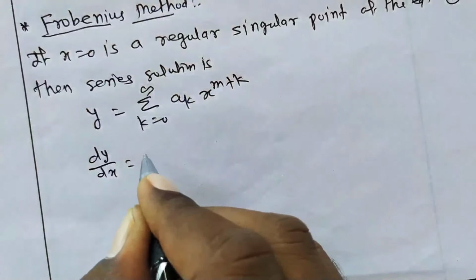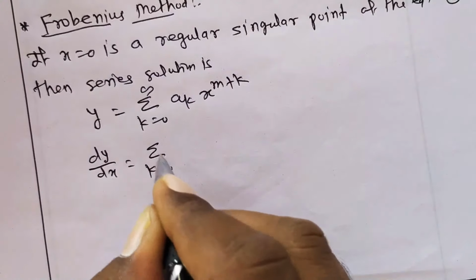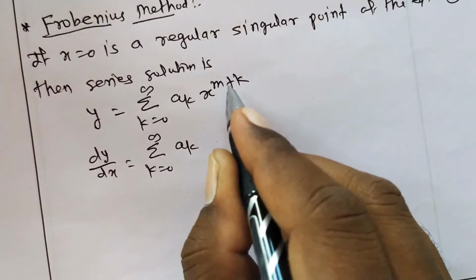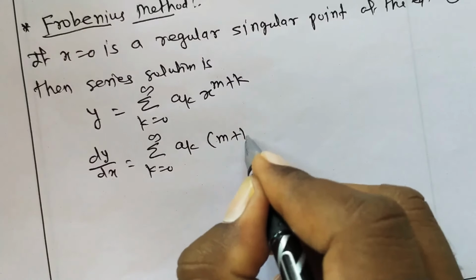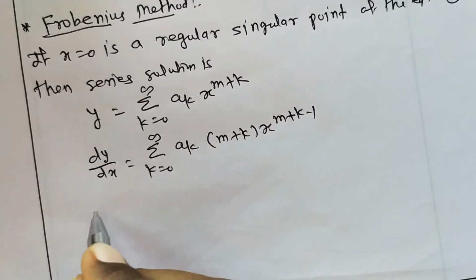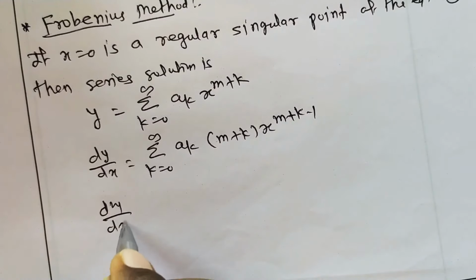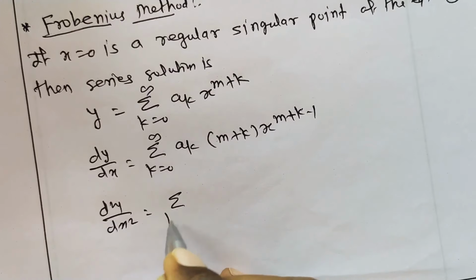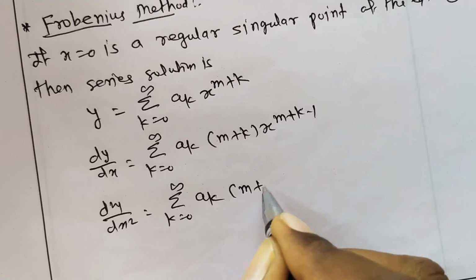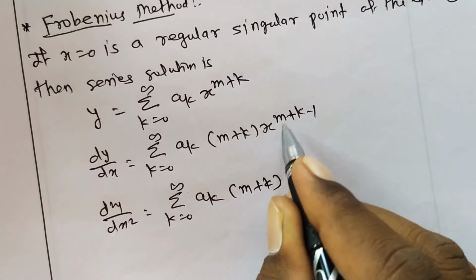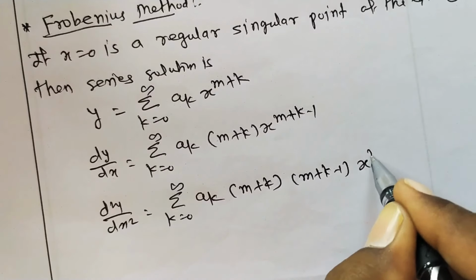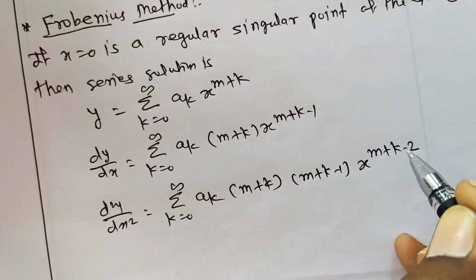So dy by dx is equal to summation of k varies from 0 to infinity a_k, a constant, and the derivative of x to the power m plus k is m plus k into x to the power m plus k minus 1. Again we want d2y by dx square, so d2y by dx square is equal to summation of k varies from 0 to infinity a_k (m plus k), and the derivative of x raised to m plus k minus 1 is m plus k minus 1 into x raised to m plus k minus 2.